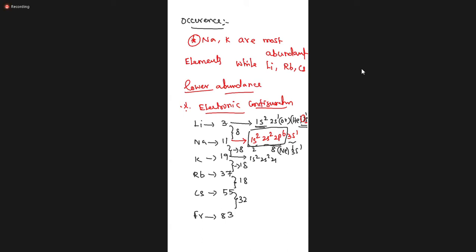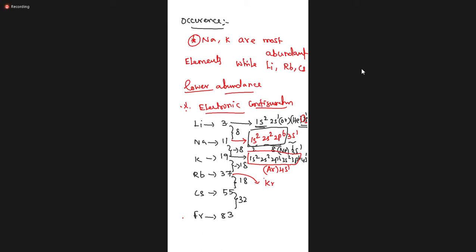Sir, hydrogen is also there in 1A group. Argon 4s1. So like that, rubidium, can anyone tell me what the rubidium electronic configuration is?